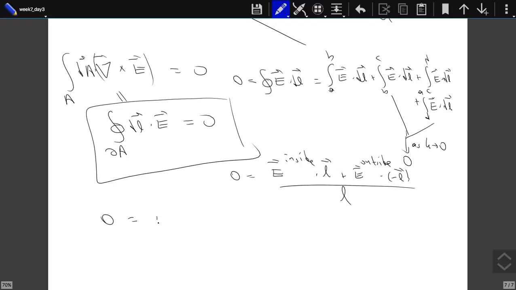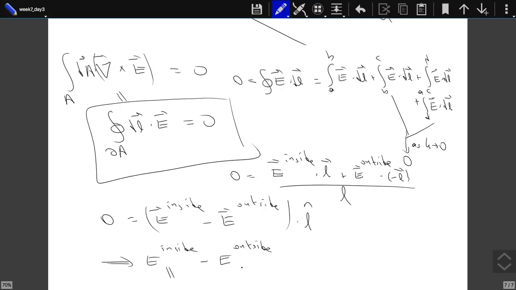So 0 is equal to E inside minus E outside, dot L hat. Well, this I can also write as E inside, the parallel component parallel to the surface, minus E outside, again the parallel component, is equal to 0.